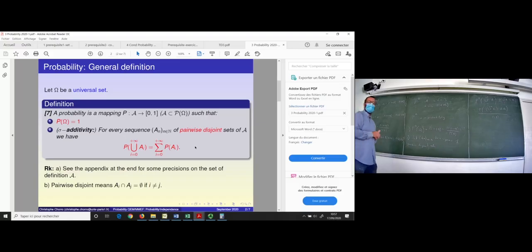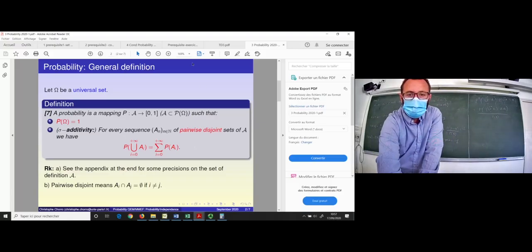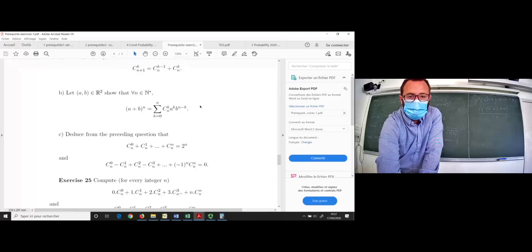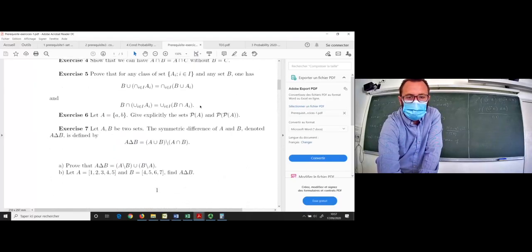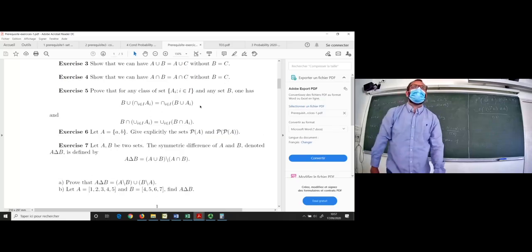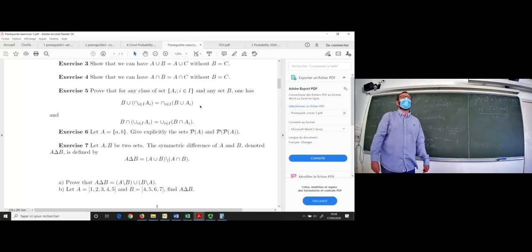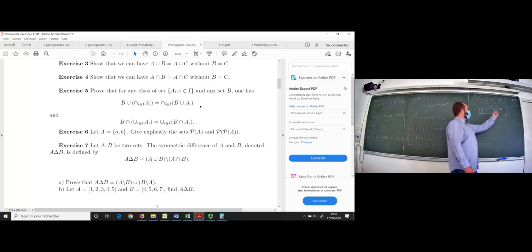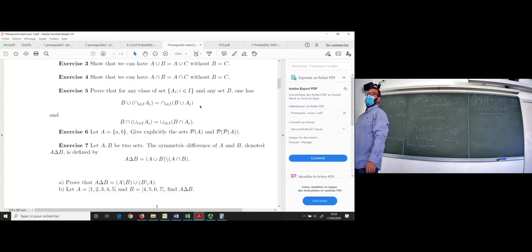If you remember the little exercise we have done together two days ago, the exercise 5 or 7, I don't remember. This one, the exercise 5. We have seen some rules of computation of this situation here. If you take the second line, you see that to do the intersection between B and the union is the same as to do the union of the intersections of B and the A_i.